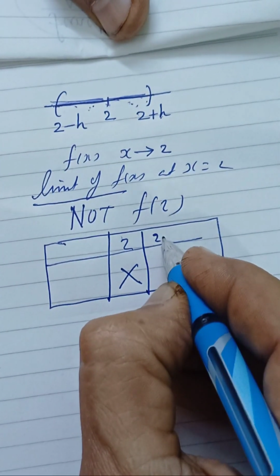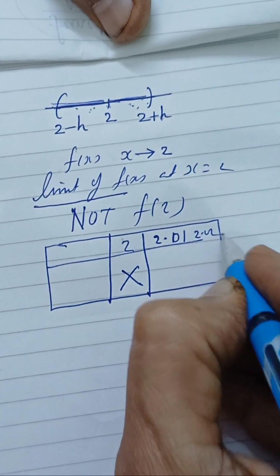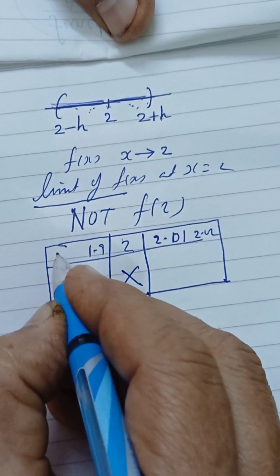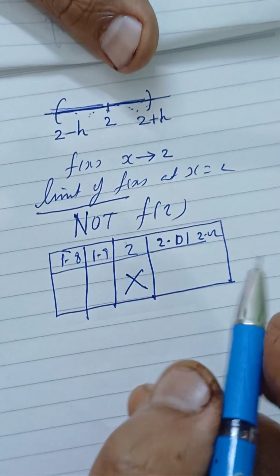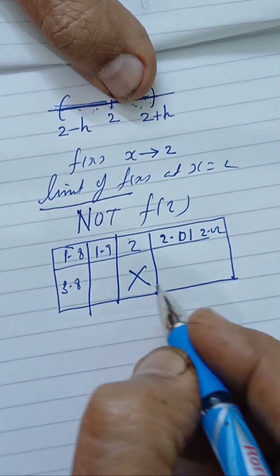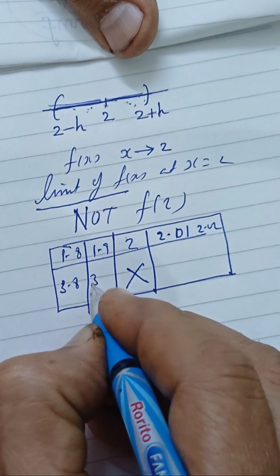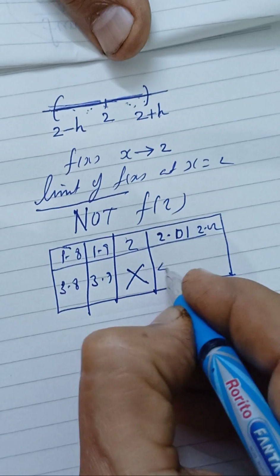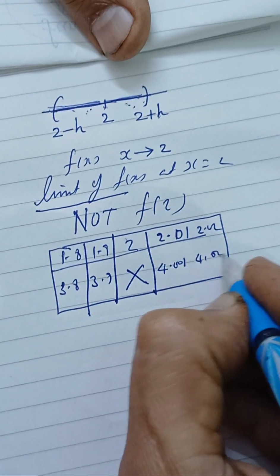Say 2.1, 2.01, 2.02. You may use your calculator to calculate all these values, but I'm just writing approximate values. Suppose you get 3.8, I'm giving you this as an example, it's not the exact value. And this is 3.9, and this is 4.002 or 4.02.